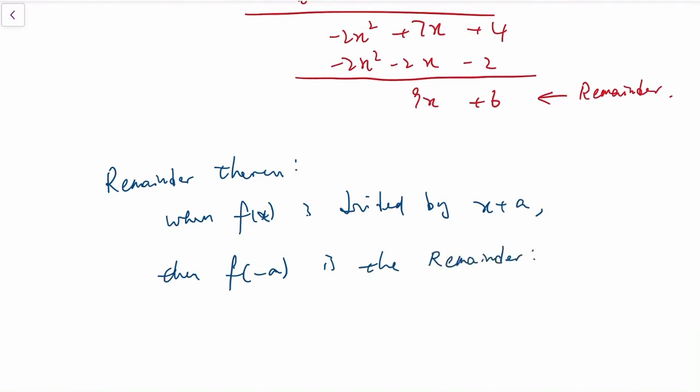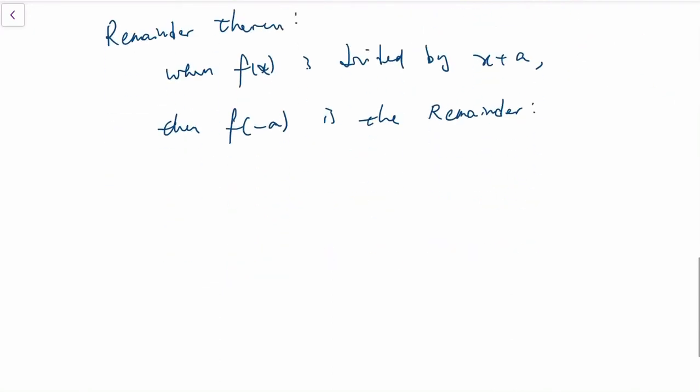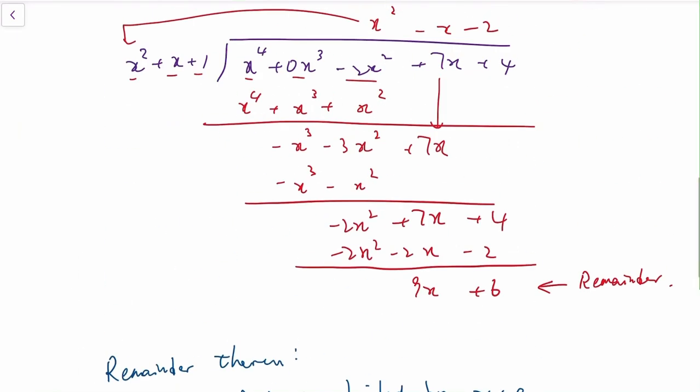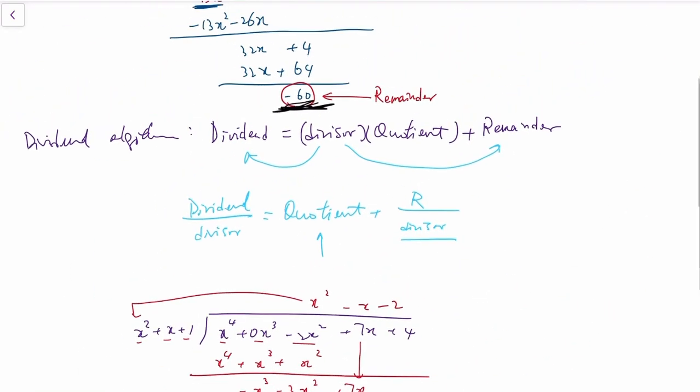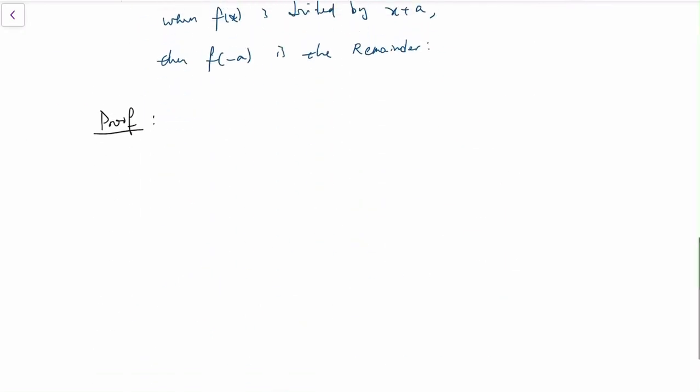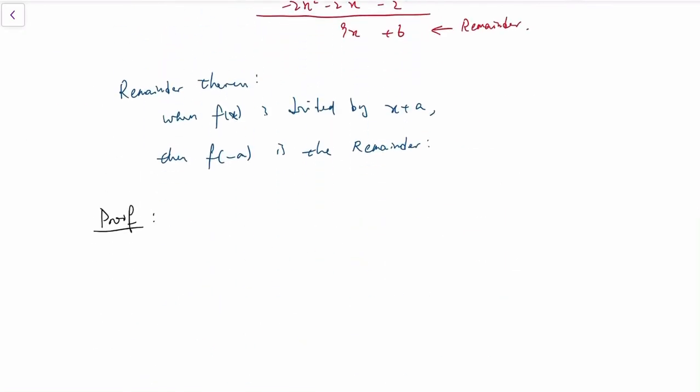Now, the proof is actually not difficult. All you do is use the division algorithm. Remember, this is basically saying that the dividend, which in this case is f(x), the divisor is x plus a, right? f(x) would equal the divisor times the quotient. Well, we don't know what the quotient is, so we'll write it as q(x).